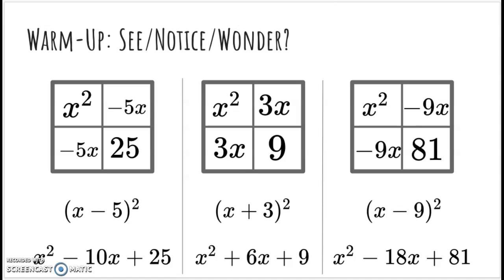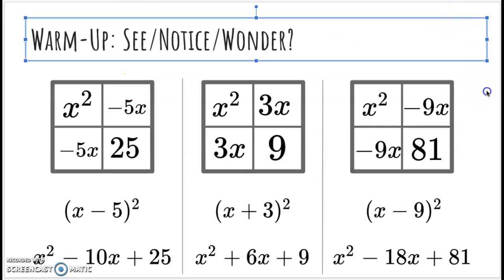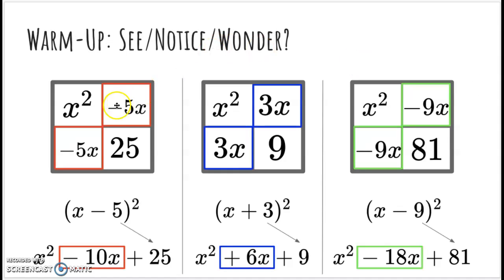Hopefully what you're noticing is that we've got these perfect squares in our area models: a perfect square in the upper left, a perfect square in the bottom right, and you've got that for all of your area models.